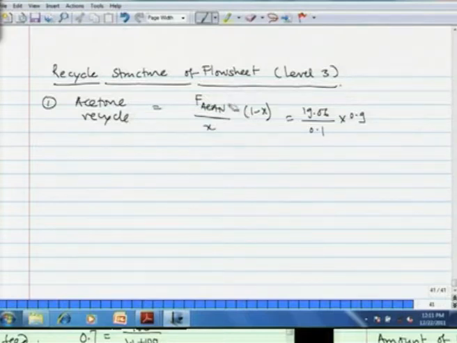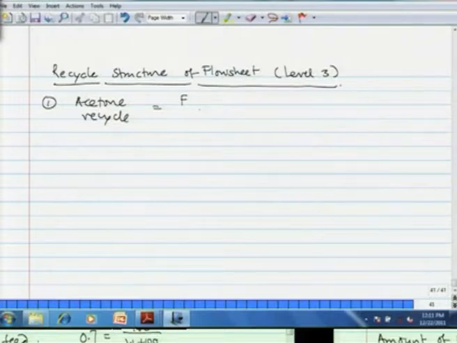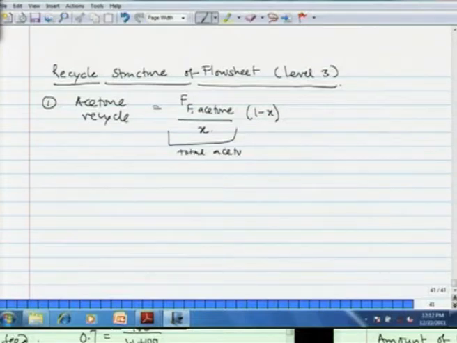Oh, sorry, this is wrong. Please make correction. The acetone recycle will be the total acetone, F acetone, the fresh acetone fed to the process divided by X and then into 1 minus X. So this is the total acetone feed, which is the fresh acetone divided by X, and this is the unconverted fraction.